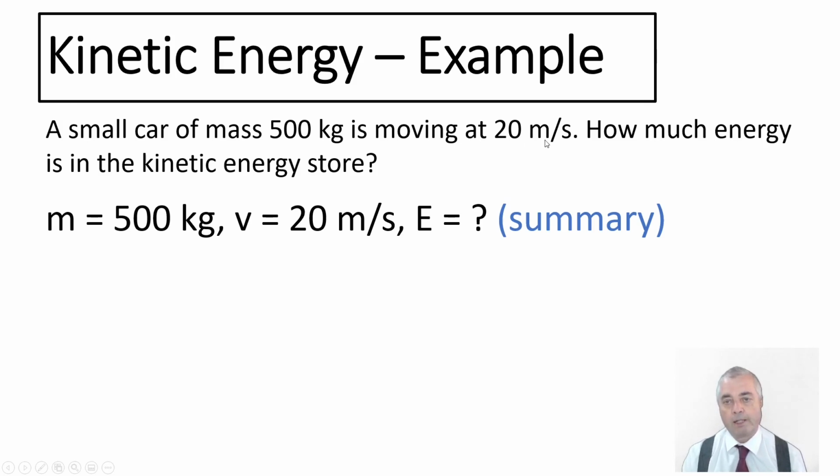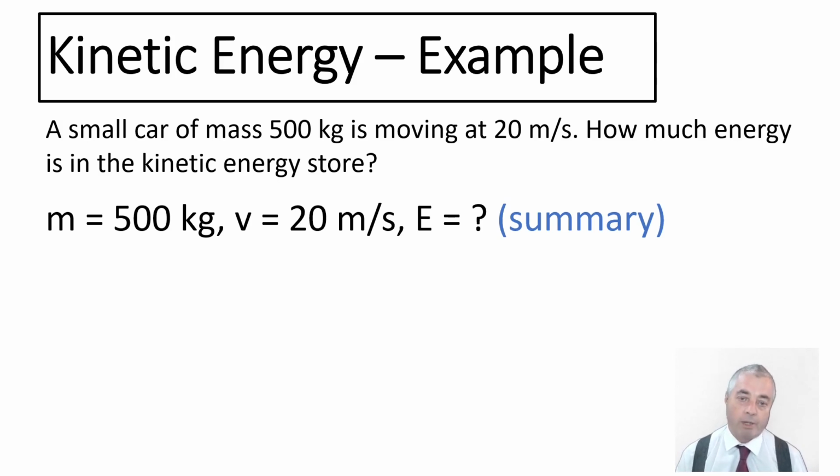I know 20 meters per second is a speed. So the speed is 20 meters per second. And then it's got this slightly strange wording here where it says how much energy is in the kinetic energy store. But if you watched the last lesson, you'll know that that is just basically asking you how much kinetic energy does the car have. So that is our summary.